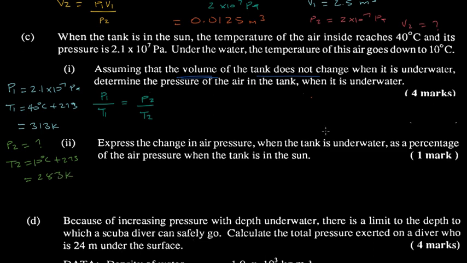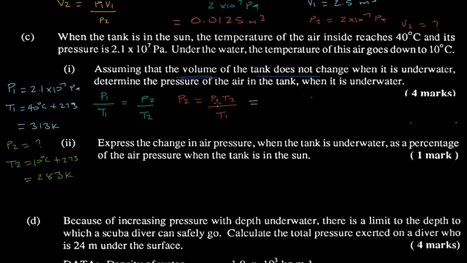So now, we're trying to find P2, so we make P2 the subject. When we do that, we get P2 is equal to P1 times T2 divided by T1. Now it's just a matter of substituting the values.